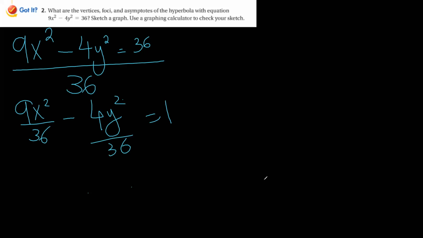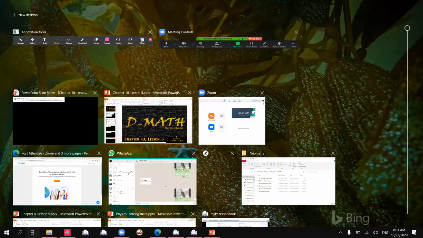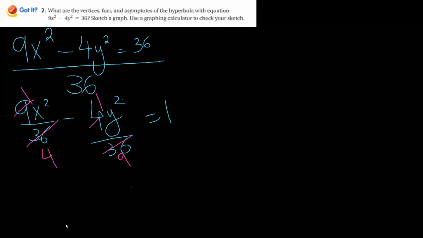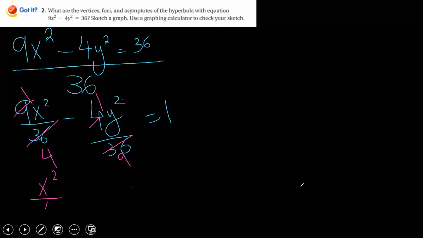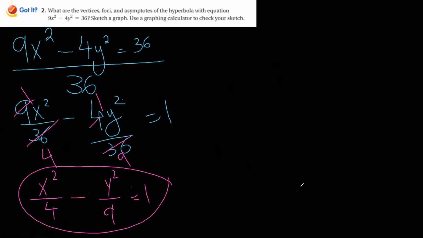After simplifying, we have x squared over 4 minus y squared over 9 equals 1. Since I'm starting with x, this is a horizontal hyperbola.